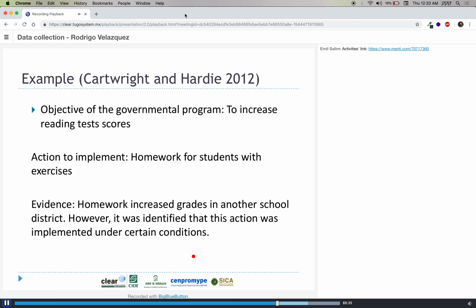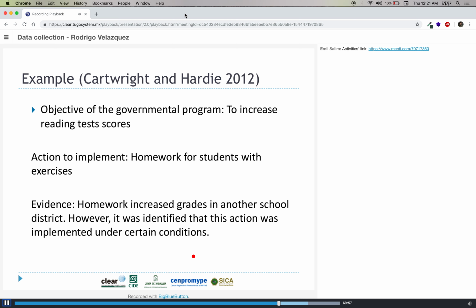So the objective of the governmental program is to increase reading test scores concerning a specific school. The action to implement has to do with homework for students, with exercises related to improving reading.